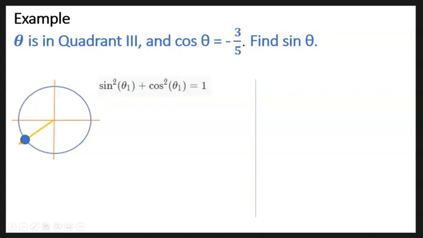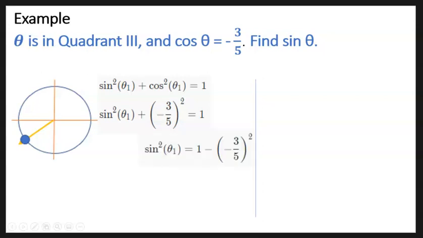Since what we have is cosine theta, which is negative 3/5, let us plug the given cosine into the formula to solve for the sine. So plugging in, we'll have sine squared theta plus negative 3/5 to the second power equals 1.